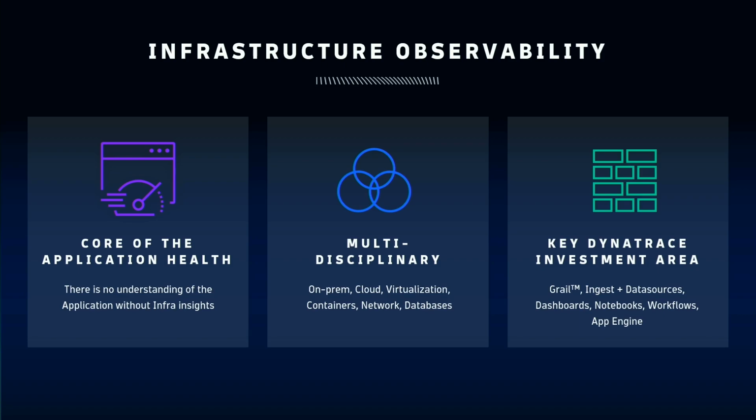But at the same time, and you know it very well, infrastructure nowadays is an ultra multidisciplinary area where assessing problems or assessing health might differ in various environments like on-prem, cloud, containerized environments, databases, and network. The approach to triaging problems might be totally different.